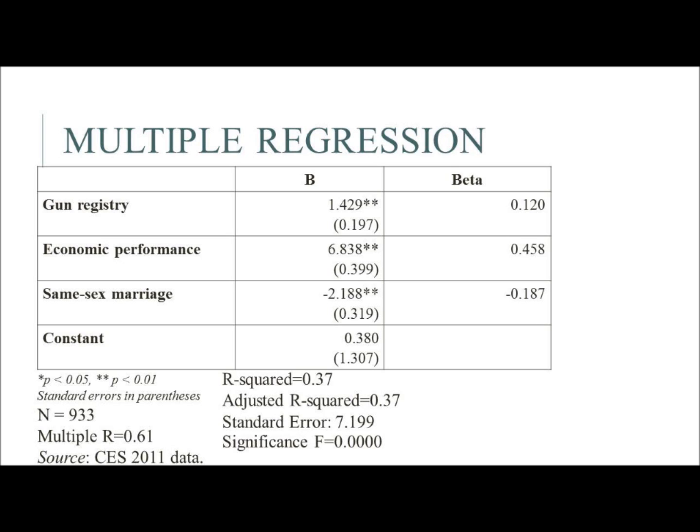When we look at the standardized regression coefficients, we see that perceptions about economic performance had the greatest impact on conservative vote intention. The value of the adjusted R-square indicates that the combination of independent variables explained approximately 37% of the variation for conservative vote intention, with a statistical significance at 0.01, meaning that the results were not due to chance.